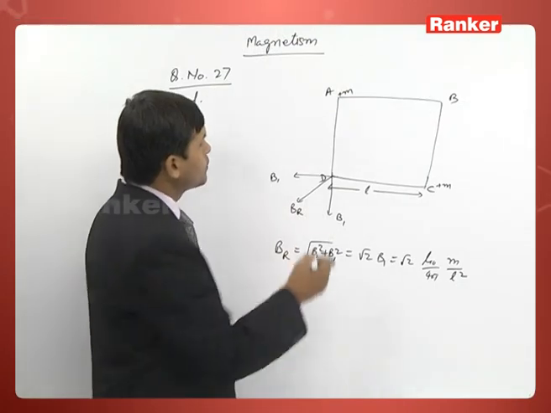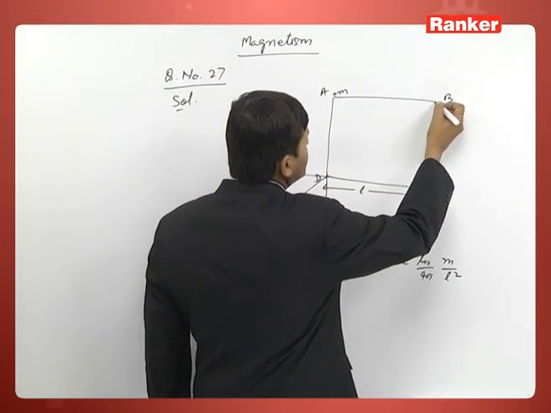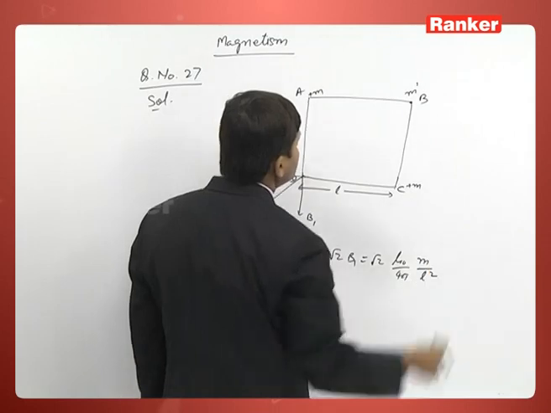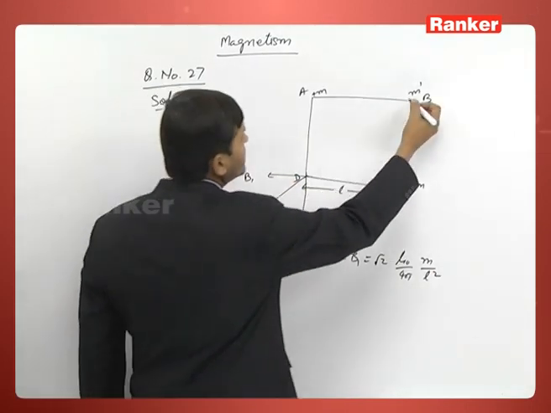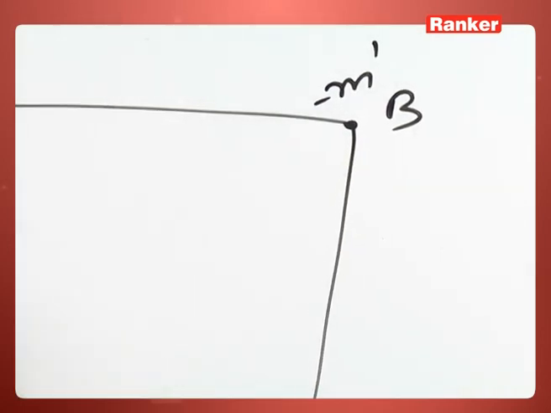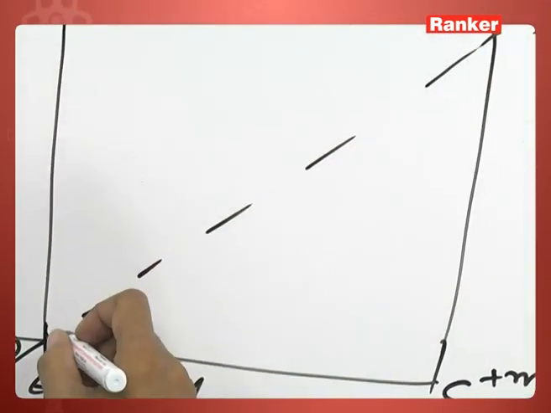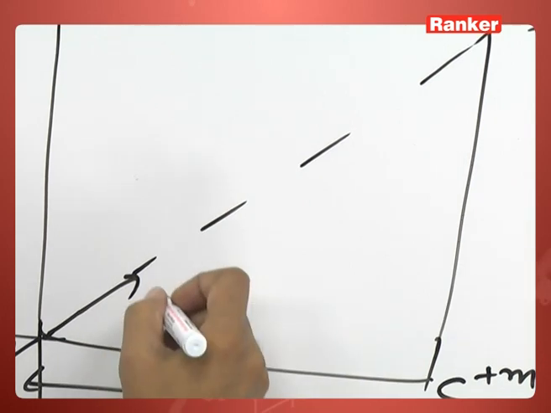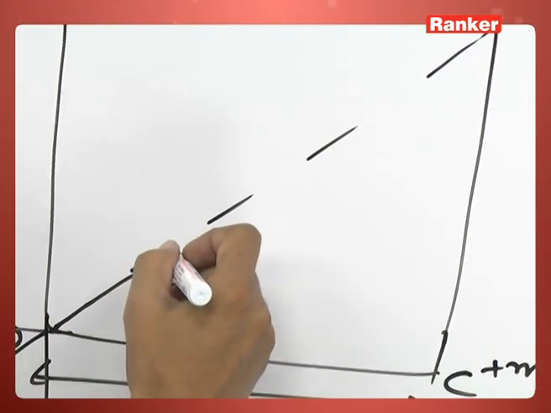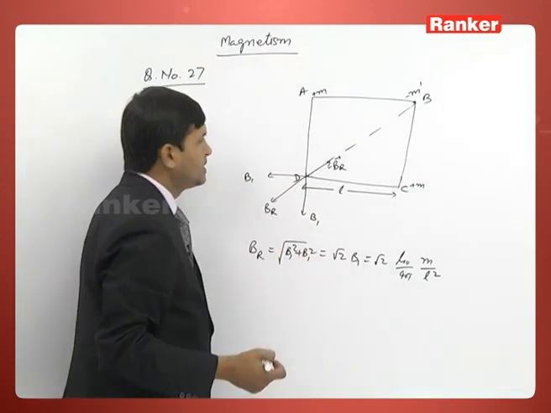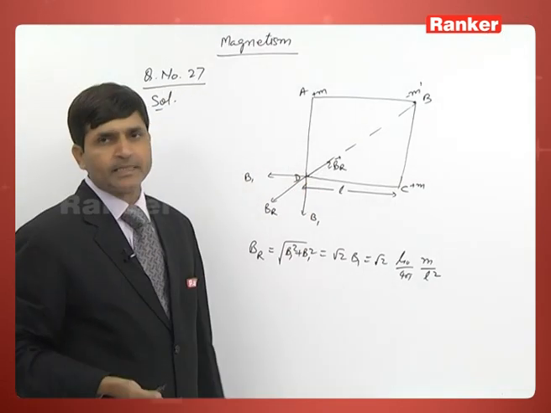So, to make D neutral, we have to put another pole of pole strength M dash. That M dash must be negative because it should produce the magnetic field in the direction opposite to BR. Then this point will be the neutral point.